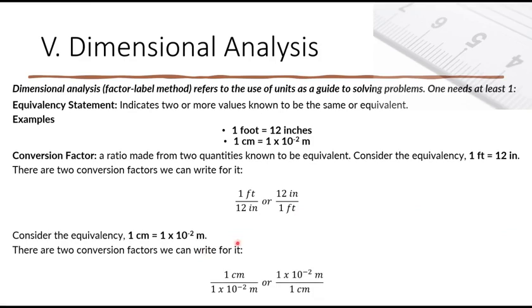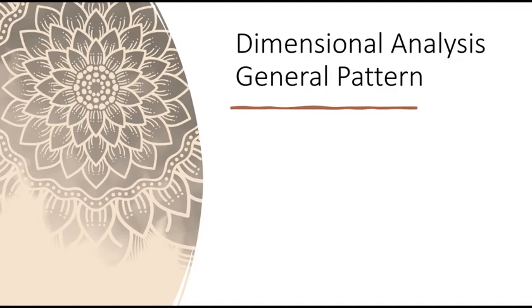Let's consider the second equivalency: 1 centimeter equals 1 times 10 to the negative 2 meters. We can set up 2 conversion factors. We can put the 1 centimeter on top and the 1 times 10 to the negative 2 meters at the bottom, or we can flip our ratio where we put the 1 times 10 to the negative 2 meters on top and the 1 centimeter at the bottom.